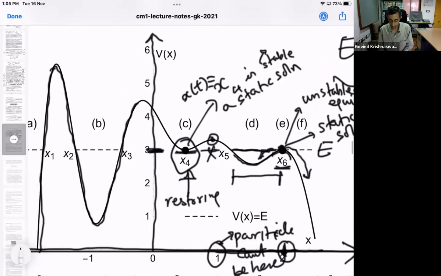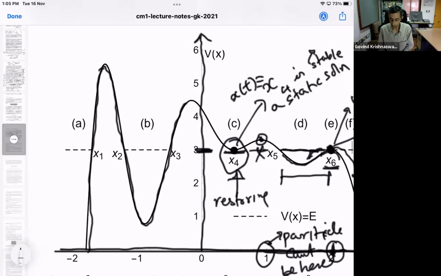Now let us go to this other possibility where the initial conditions were such that the particle is somewhere between x2 and x3. In that case, can you tell me, suppose the particle begins over here. Is the initial velocity 0 or non-zero?